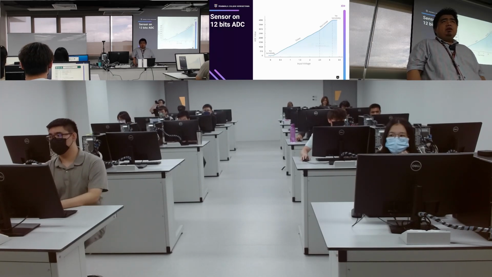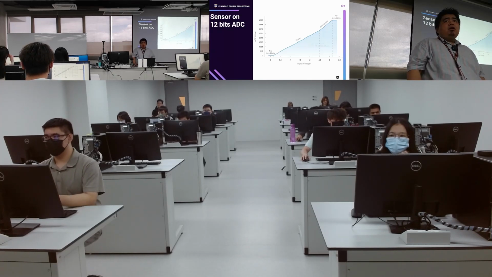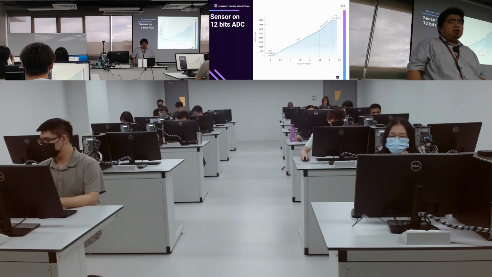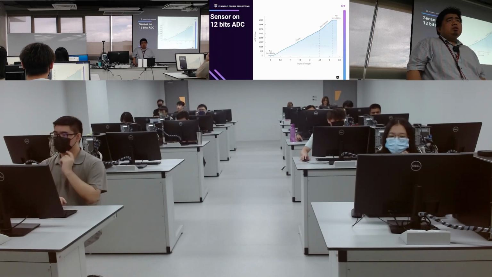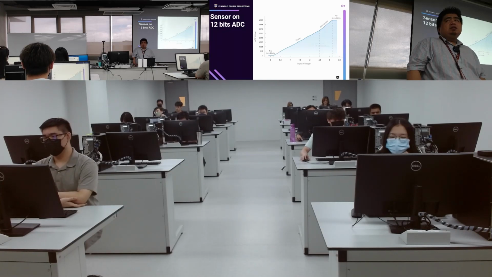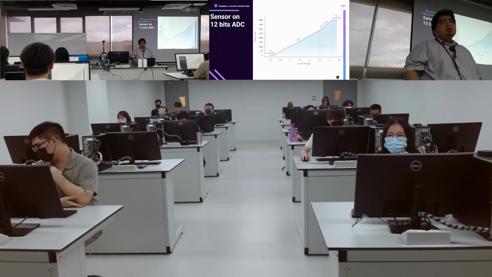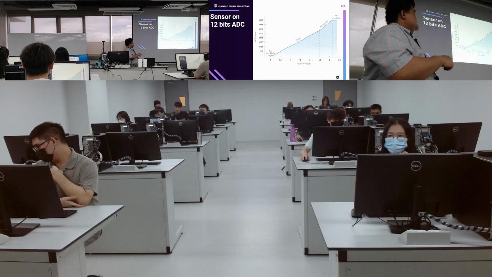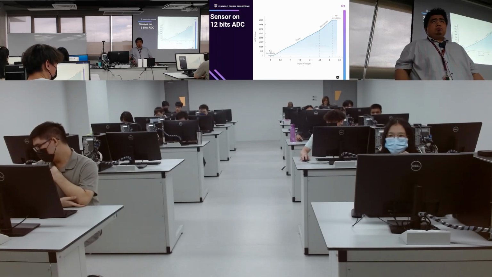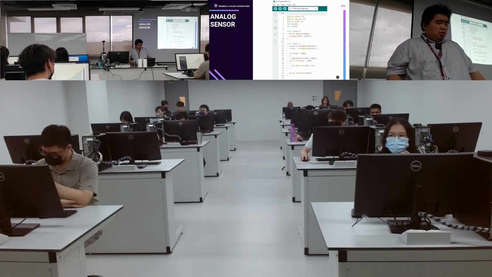The changes depend on the sensor, the environment, or the parameter that we want to measure. For example, water: is it a lot, or just a little? So the various values of water will apply to this analog value.